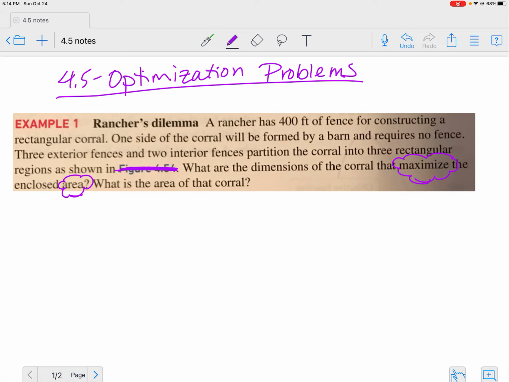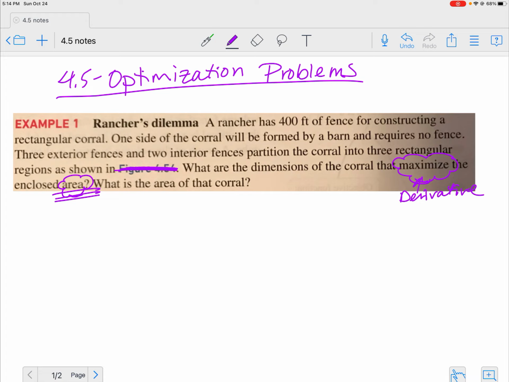If I want to find a maximum or a minimum, how do you get that? Setting that derivative equal to 0, right? So guess what we're going to do here? Get a derivative. So whenever I'm looking at this, I'm going to take the derivative, and what am I taking the derivative of? The area, because I'm maximizing the area.